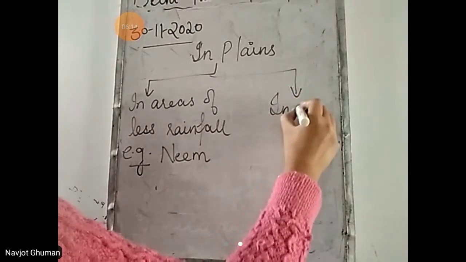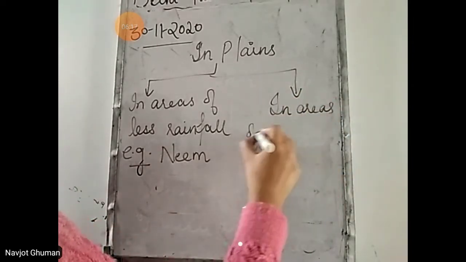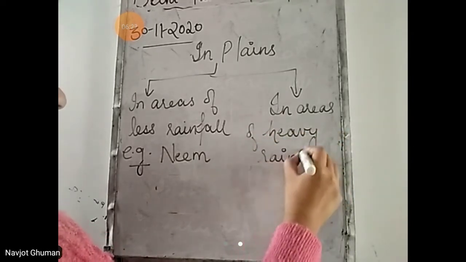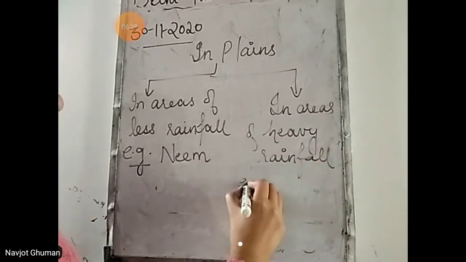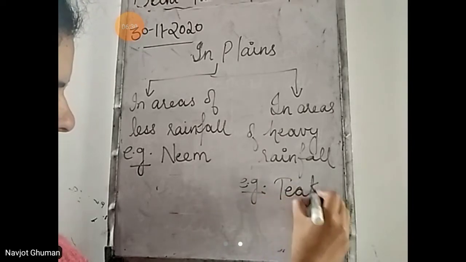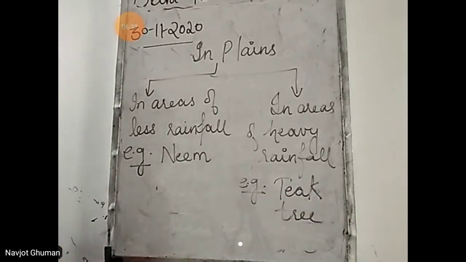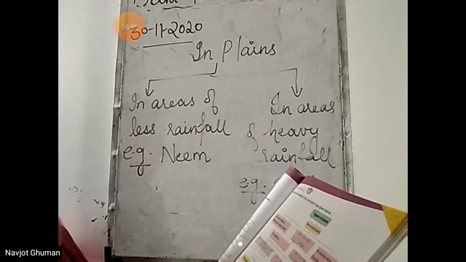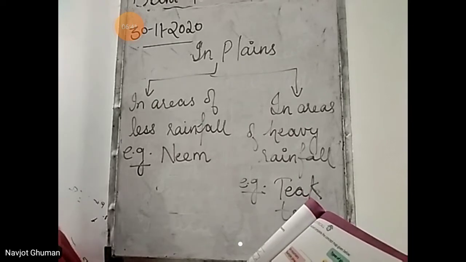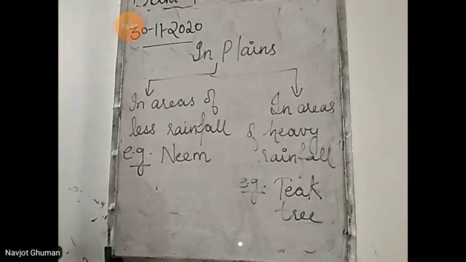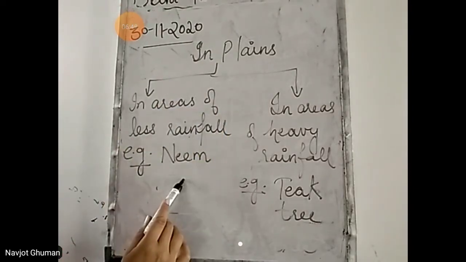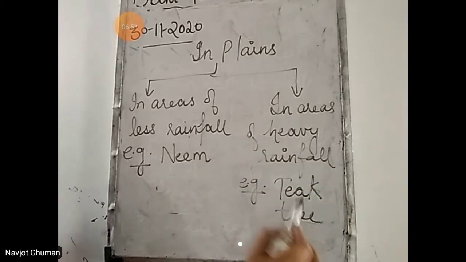In areas of heavy rainfall, example teak tree. Next is types of plants. One are the aquatic, second insectivorous, and third one are the non-green. So let's do them. In plains, there are two types. In areas of less rainfall, example neem. In areas of heavy rainfall, example teak tree.